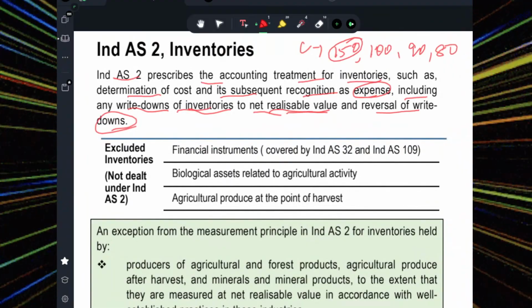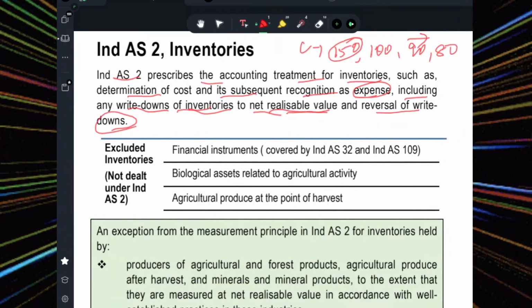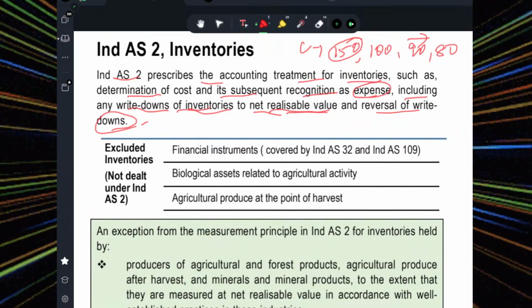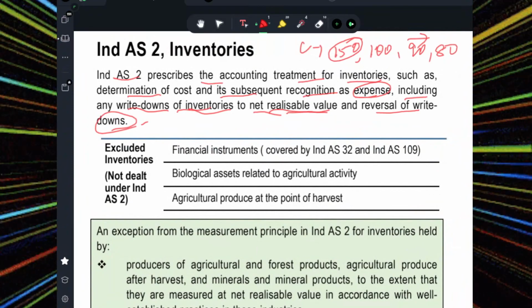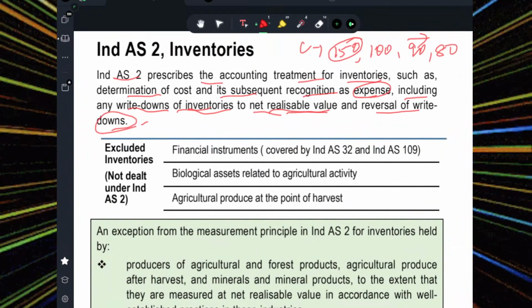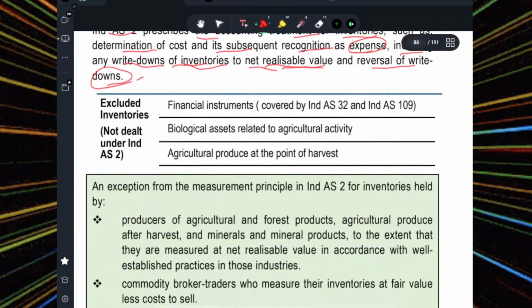So what is the market value you should give? As per the inventory policy, whichever is less, cost or net realizable value, and reversal of write-down. Sometimes you would have written down earlier, but the valuation has increased because of the market value. These are the reasons in the case of inventories.